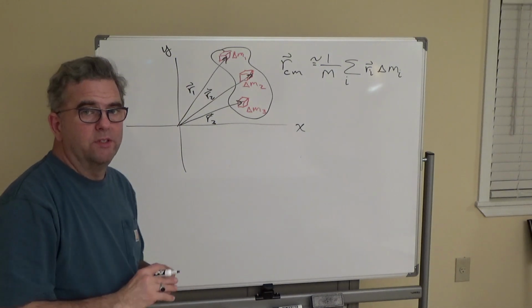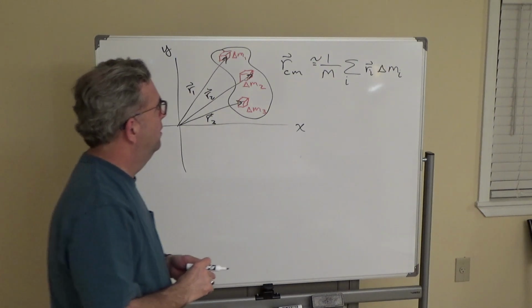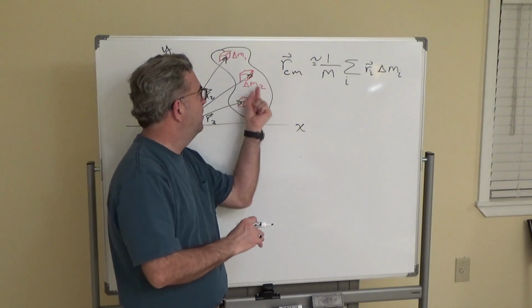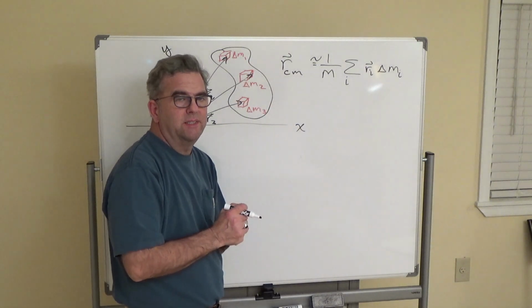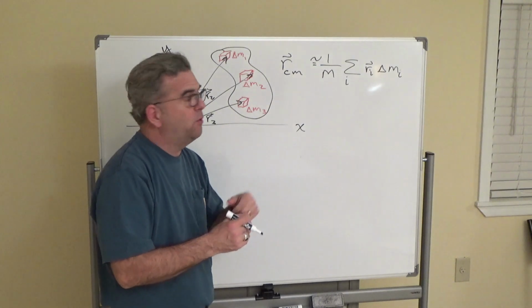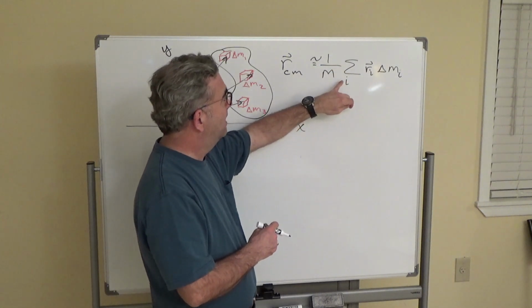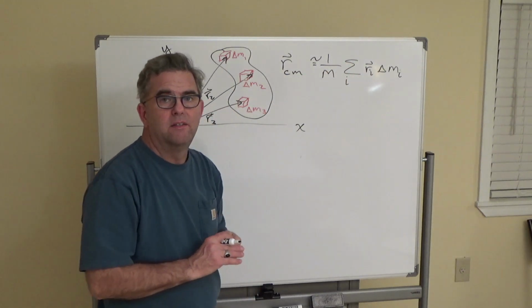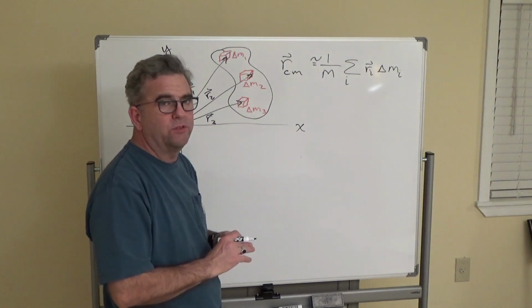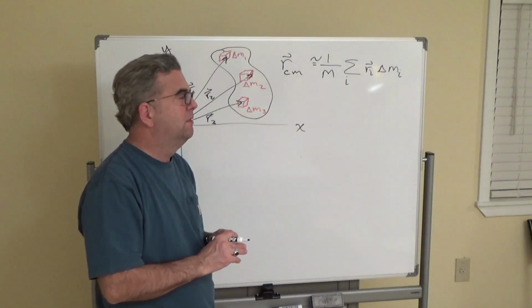What do you do to find the center of mass? You make these deltas smaller, smaller, smaller. You break it up into more and more little pieces. You take the limit as delta goes to 0. That's equivalent to taking the limit as i goes to infinity. You make it into a bunch of little point particles that are infinitely small.